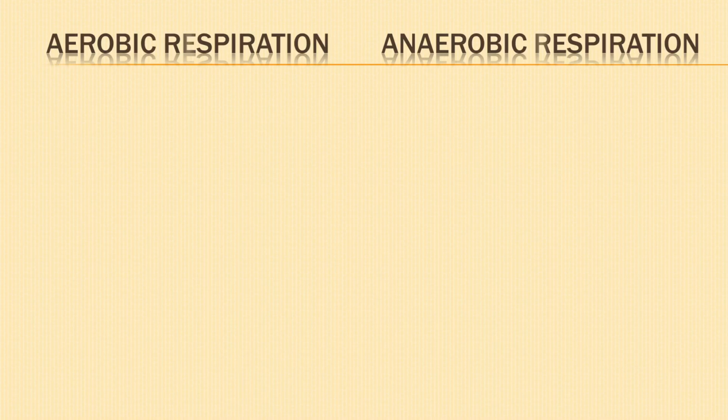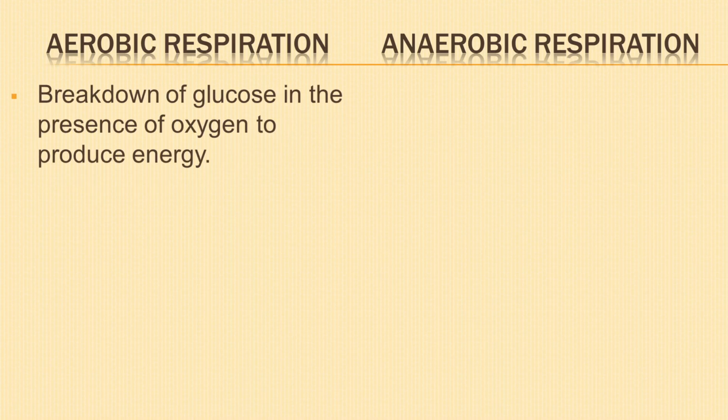Let us now learn about the differences between aerobic respiration and anaerobic respiration. The breakdown of glucose in the presence of oxygen to produce more amount of energy is known as aerobic respiration.